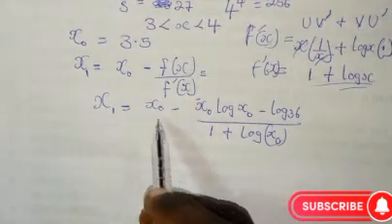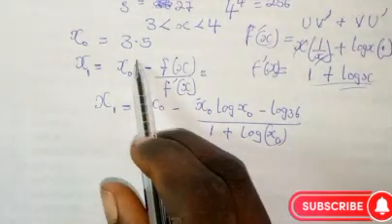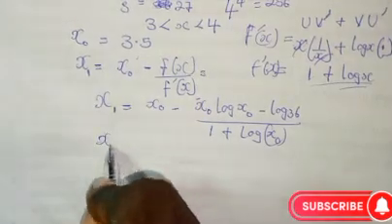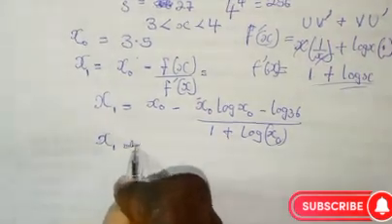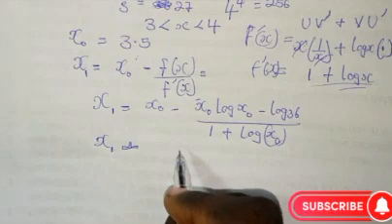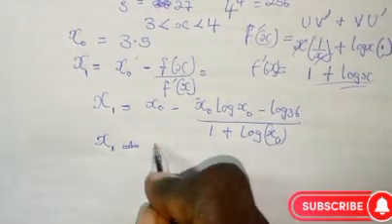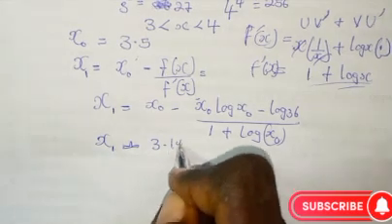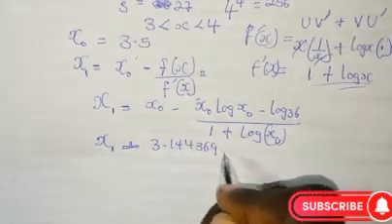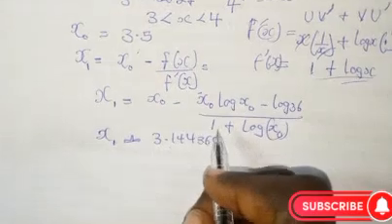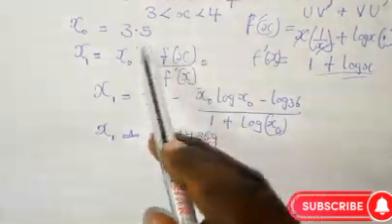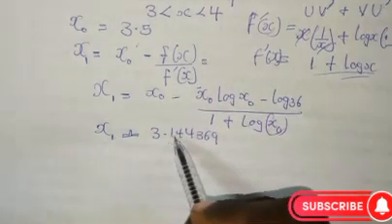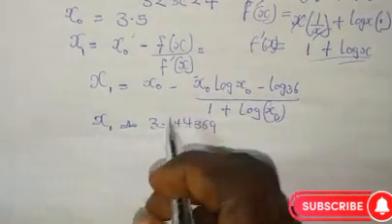Now, if you substitute the value of x0, which is 3.5, our first guess, you are going to get an approximate value of 3.144369, which is x1.